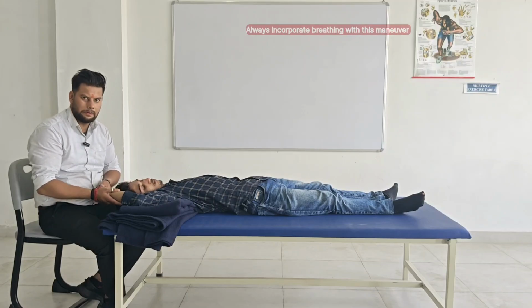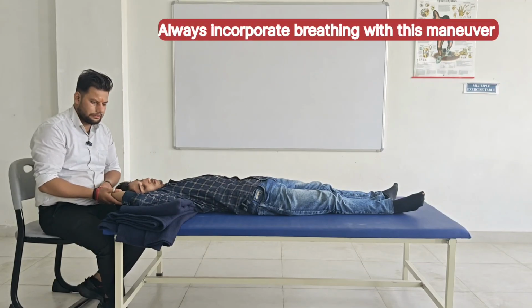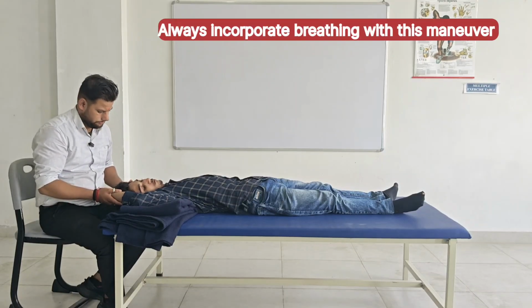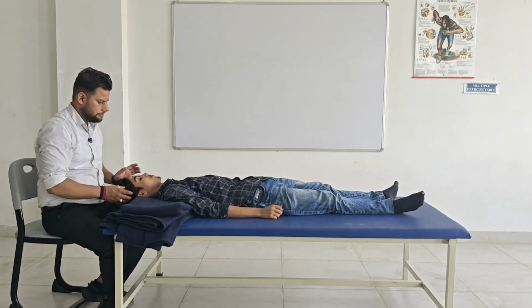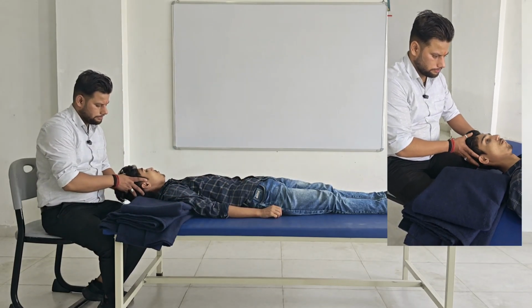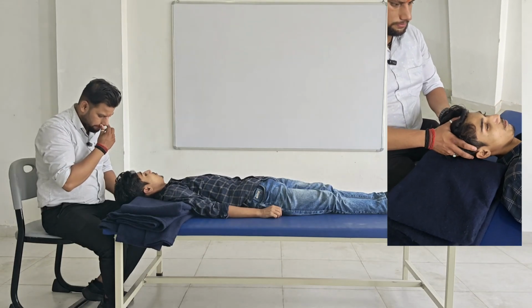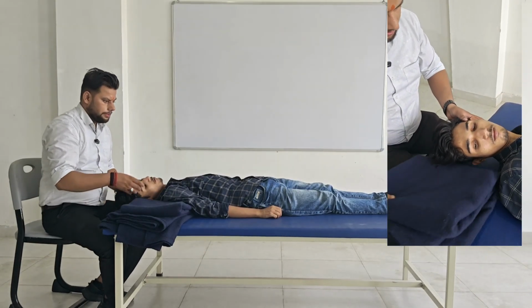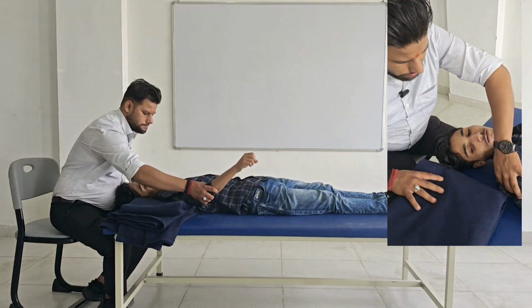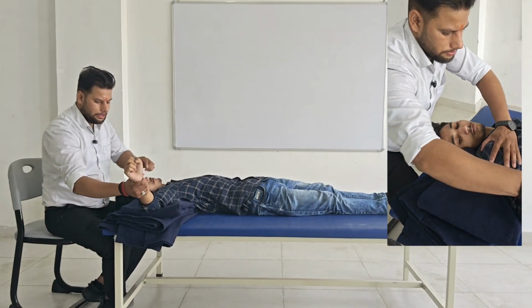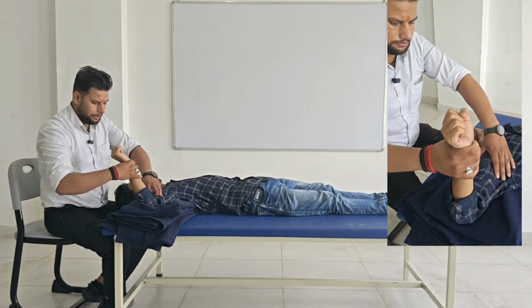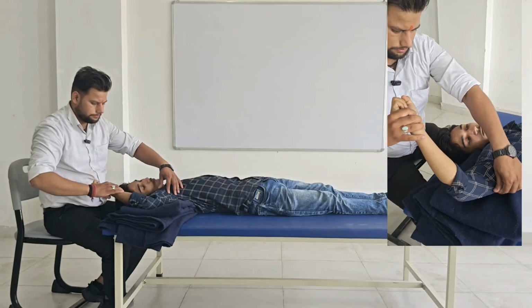So what we will do here is put the trapezius muscle in the shortened position, which will heal itself after some time and relax. So what is the exercise? You have to laterally flex your neck towards the side of the lesion and rotate the neck. Now you have to abduct your affected side arm, flex the elbow and externally rotate the shoulder joint.